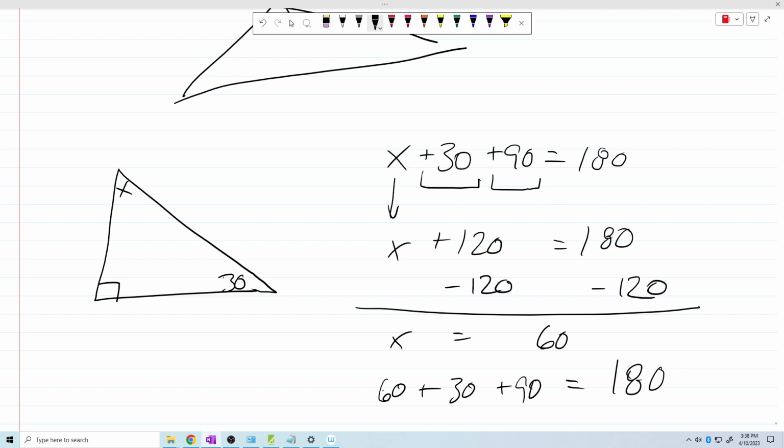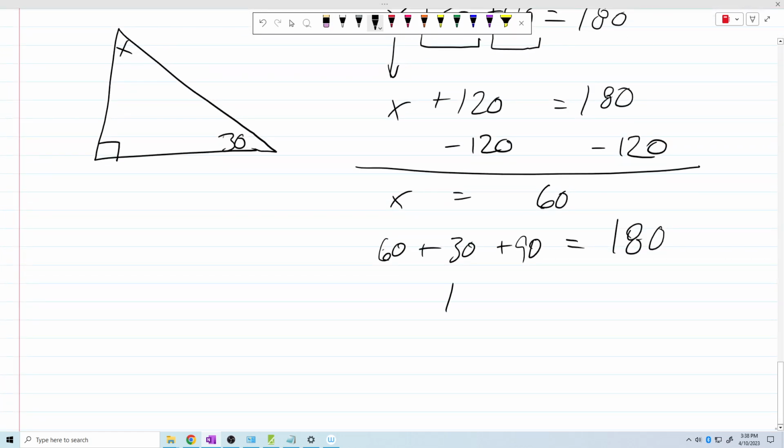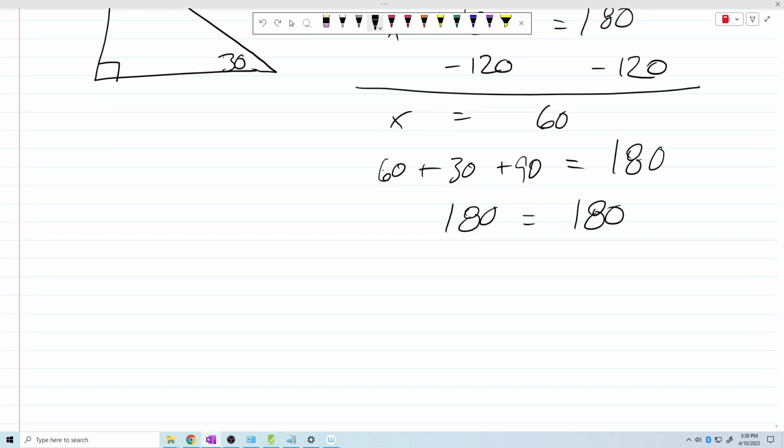And if we work this all out, look at that, it all comes out to be 180. The statement of truth is valid. 180 does equal 180.